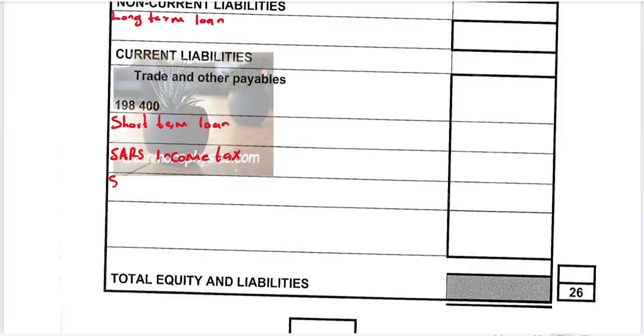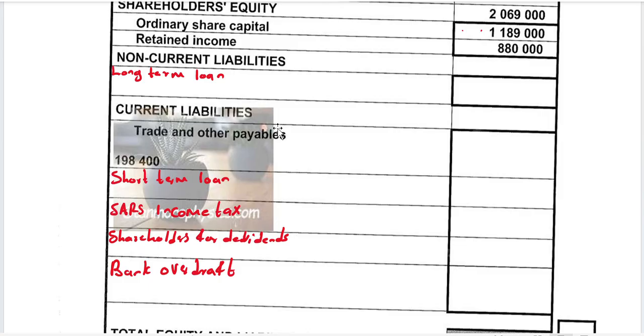We're going to write shareholders for dividends here, and then here your bank overdraft. So now we have filled in the missing spaces.